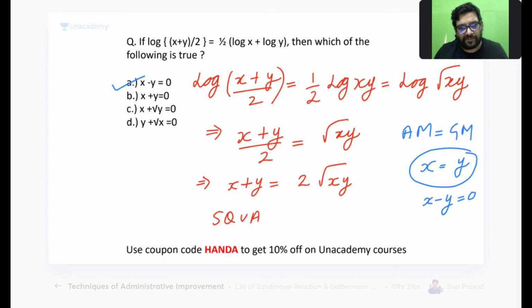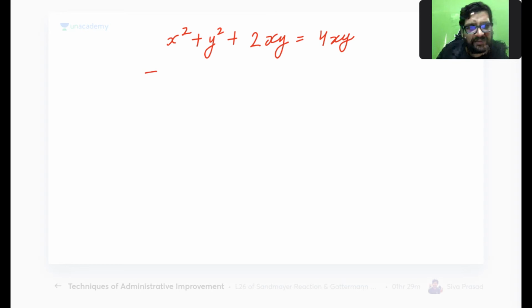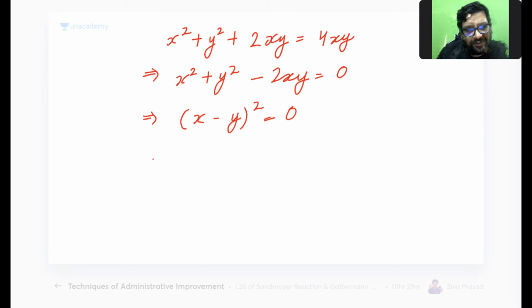If you square both sides here, you will have x square plus y square plus 2xy equal to 4xy, which is x square plus y square minus 2xy equal to 0, which is (x minus y) whole square equal to 0, which is x equal to y.